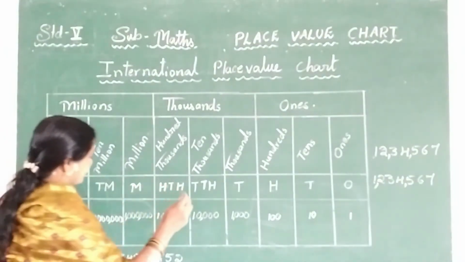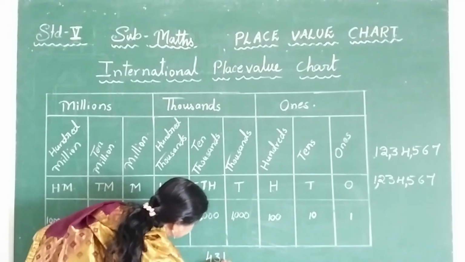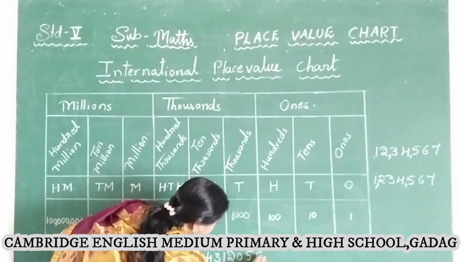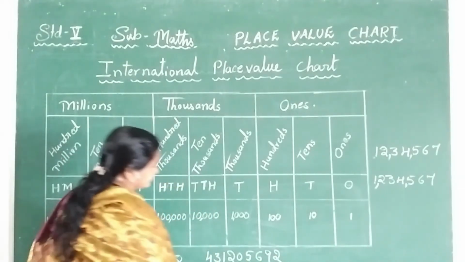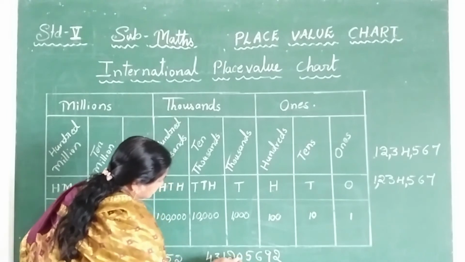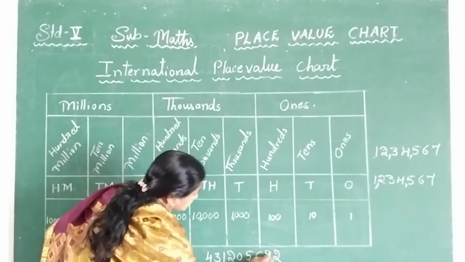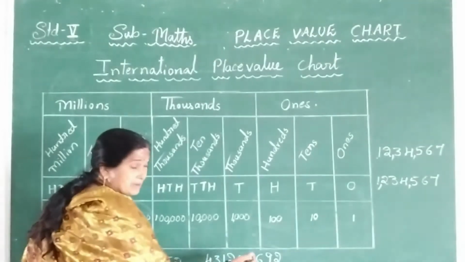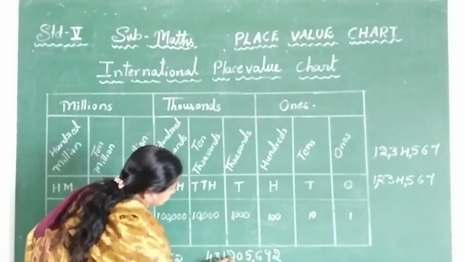Another number I will write now. 3, 1, 2, 6, 5, 6, 7, 8, 9. Yes. 1, 2, 3. After ones group, put comma. Next, 1, 2, 3.